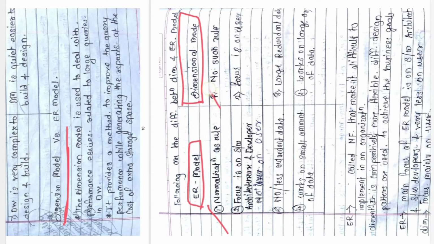In dimensional modeling it is not the case, because no such rule exists, since dimensional modeling doesn't talk about the interconnection. Instead, it talks about performance and about the reports that get generated. The second point is the focus.